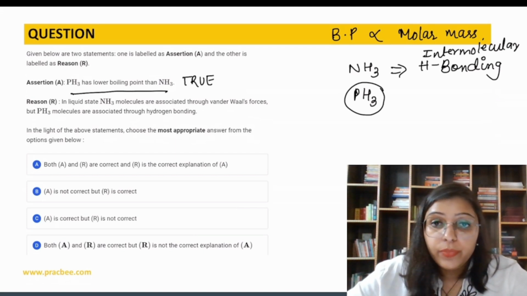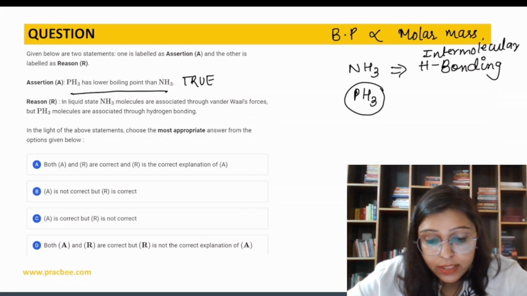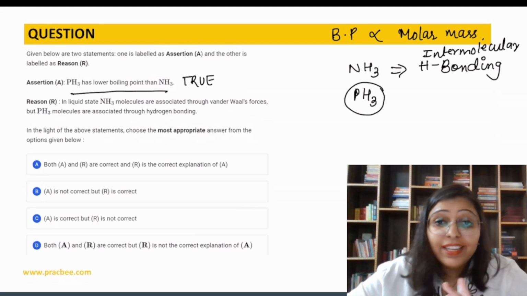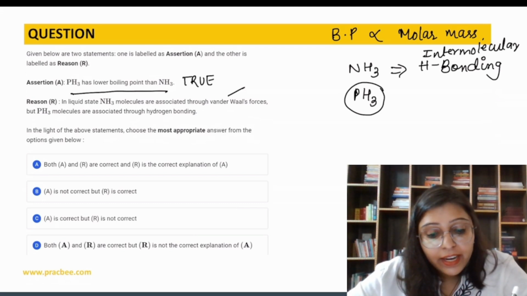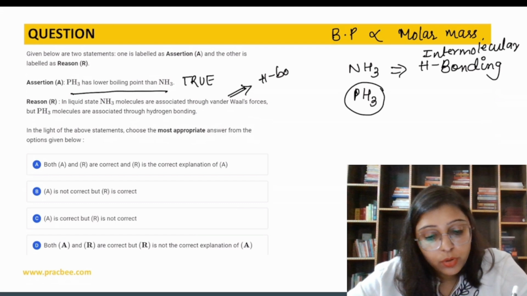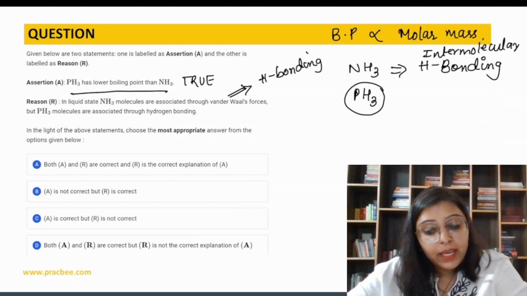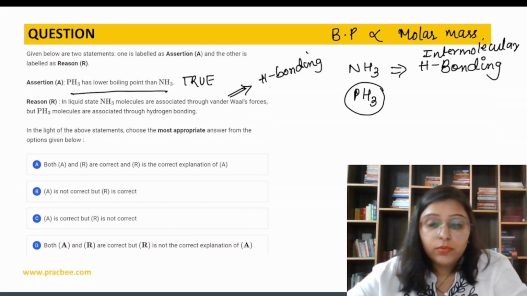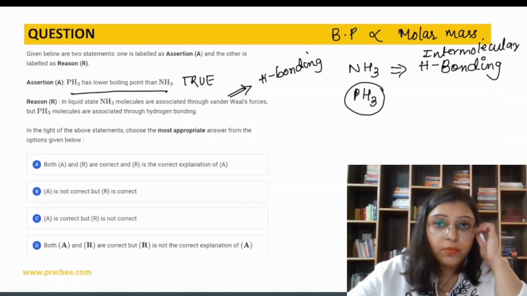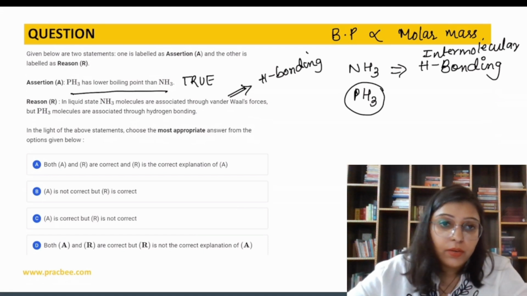So this is true. Next, in the liquid state, NH3 molecules are associated through van der Waals forces. No, no. In the liquid state, they are associated through hydrogen bonding. But PH3 molecules are associated through van der Waals forces. Yes, we can say PH3 molecules can be associated through van der Waals force.